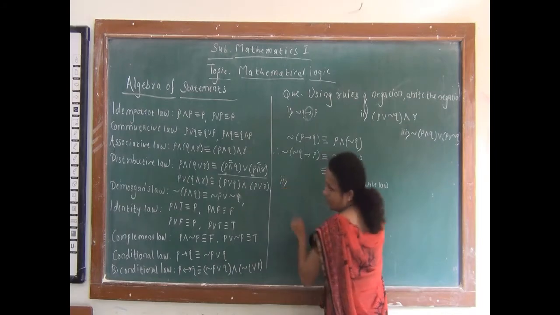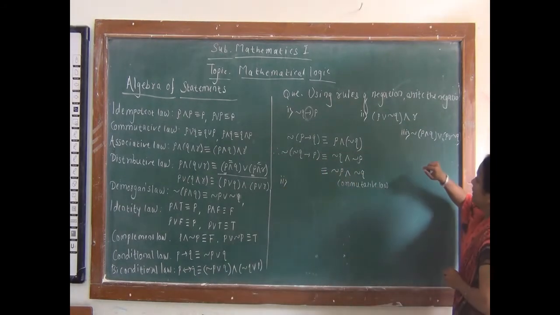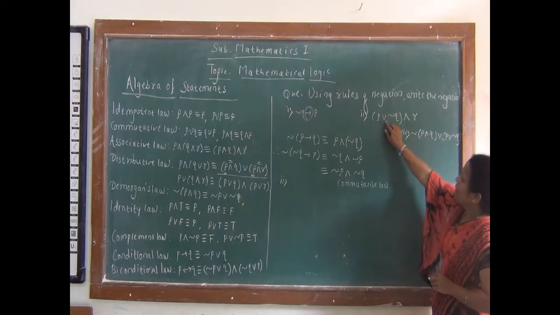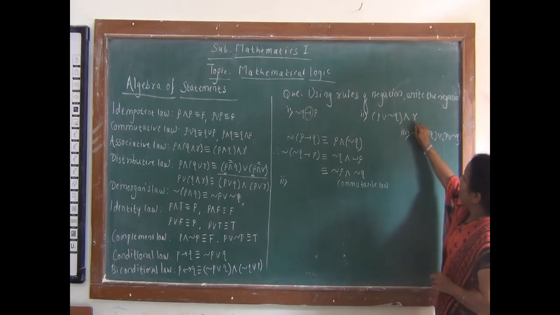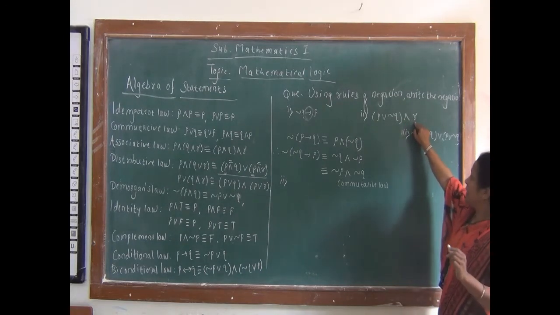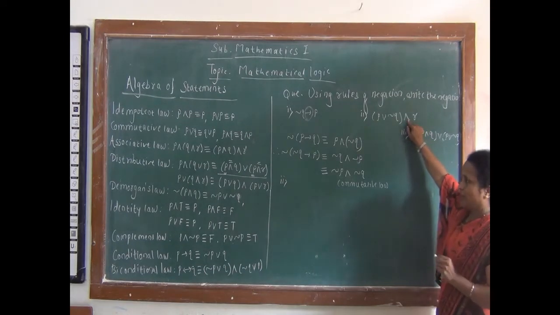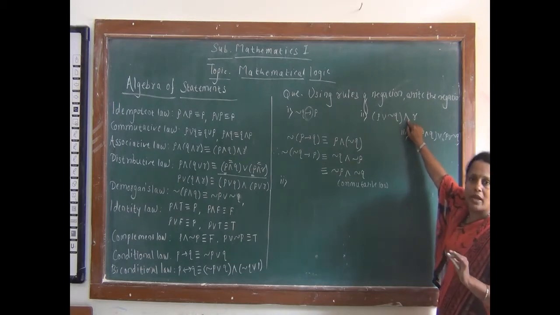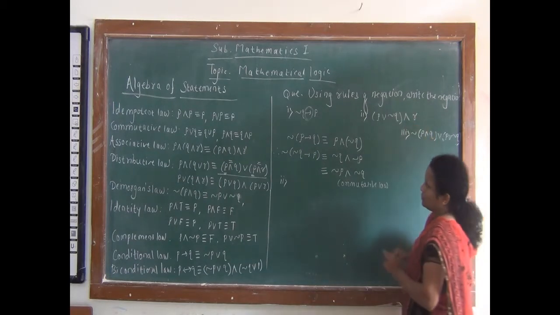Now we solve the second. The second statement is (P or negation Q) and R. So here the main connective is and. So we use the formula for negation of and, that is, conjunction. First we write the formula.